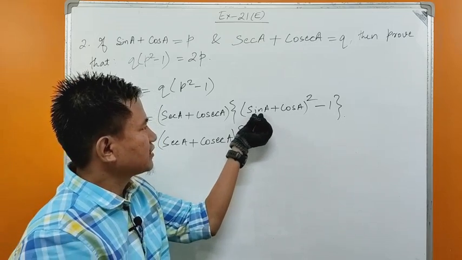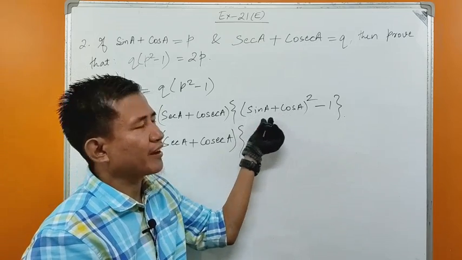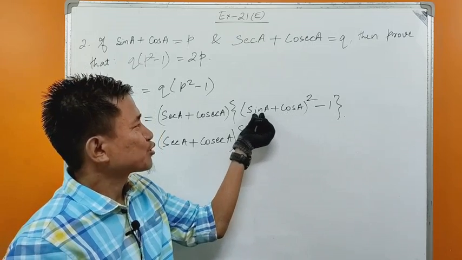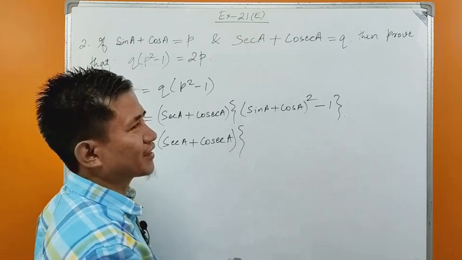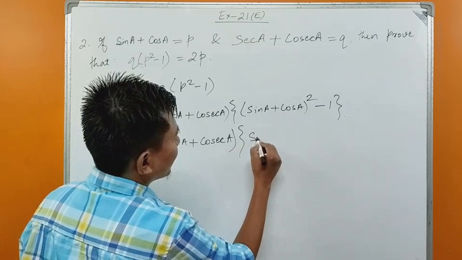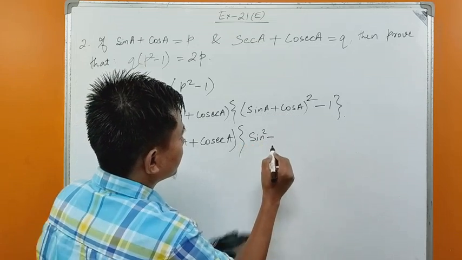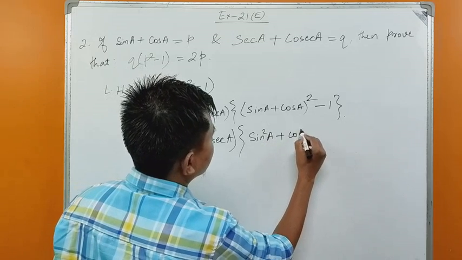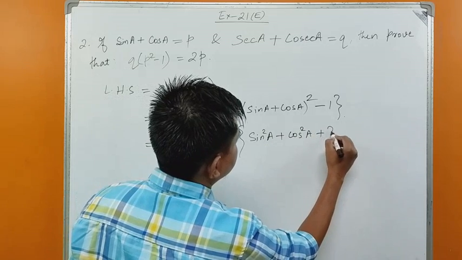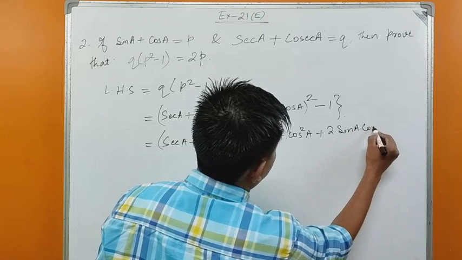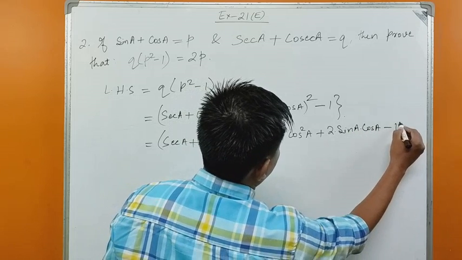Now here you can see A plus B whole square. Let's assume this sin A as A and cos A as B. So A plus B whole square means A square plus B square plus 2AB, isn't it? A square plus B square plus 2AB, minus 1.